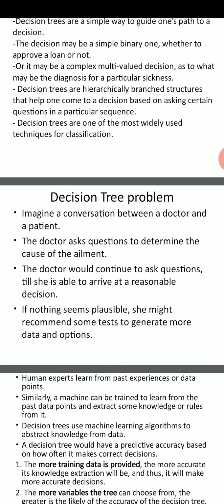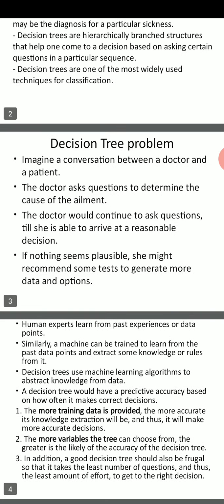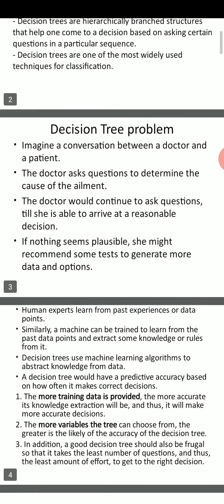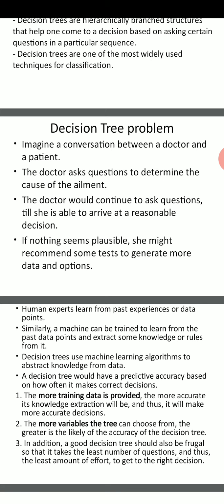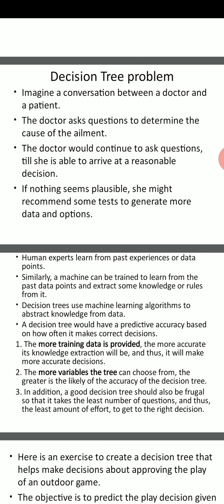Next, let us go to a decision tree problem. So imagine a conversation between a doctor and a patient. The doctor will be probing with several questions to determine the cause of the ailment. The doctor would continuously ask a few questions till he or she is able to arrive at a reasonable decision.